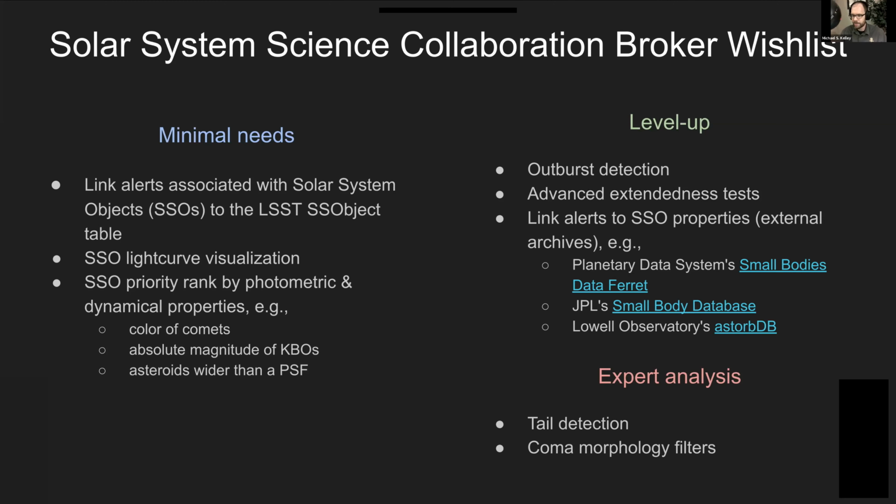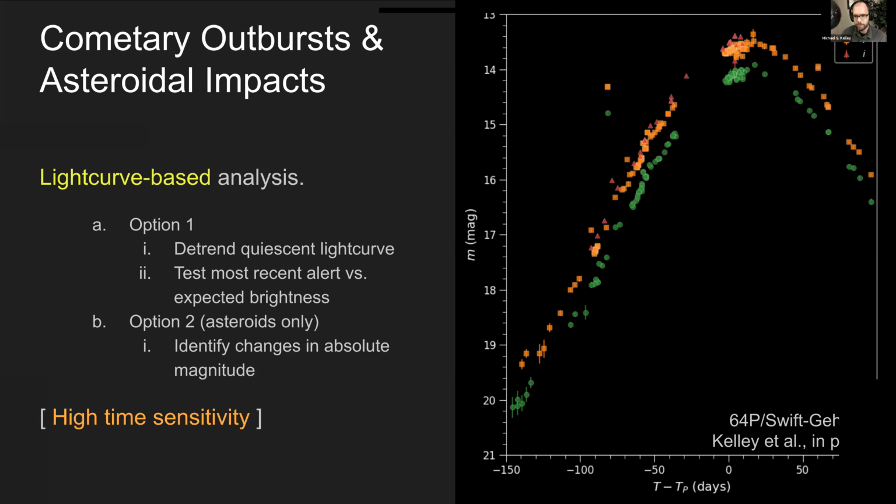And in what I call the expert analysis, this is where we really need the imaging data to do some additional studies of the surface brightness, to see how a coma could be changing with time, if there's a faint tail around the object.